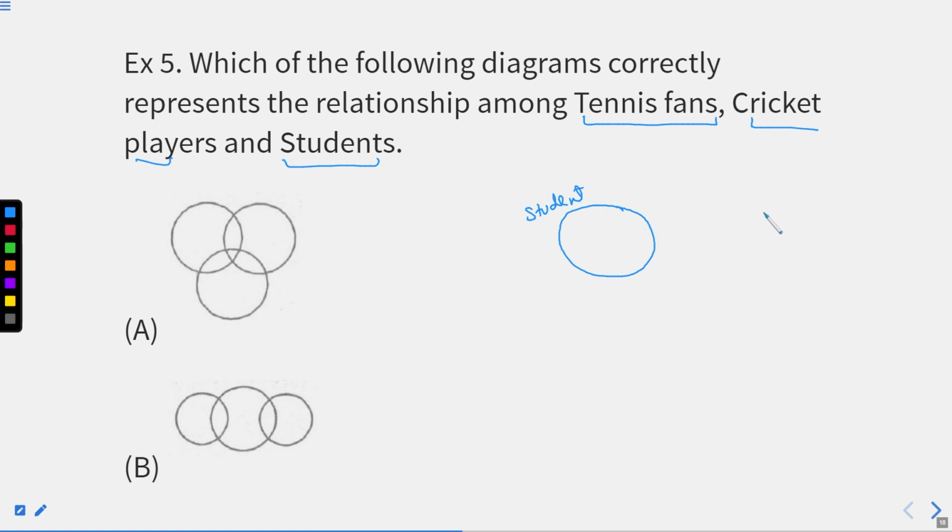There is no point in it that you cannot love it, right? So there are some students who are tennis fans as well, but not every student. So I'll use this circle as tennis fans. And this is the common area. They are the people who are students as well as tennis fans, right?